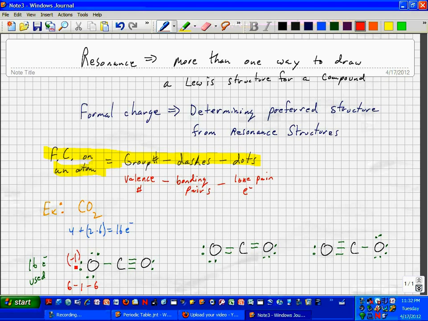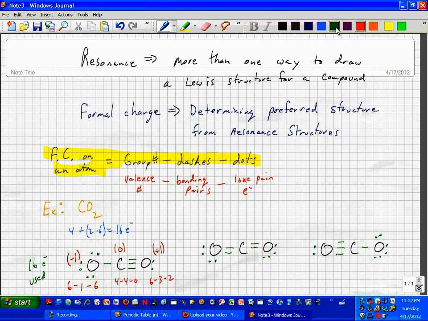The carbon is the group minus the number of dashes minus the number of dots, which gives me a formal charge of 0. And then over here, group minus dashes minus dots gives me a formal charge of +1 on this oxygen.